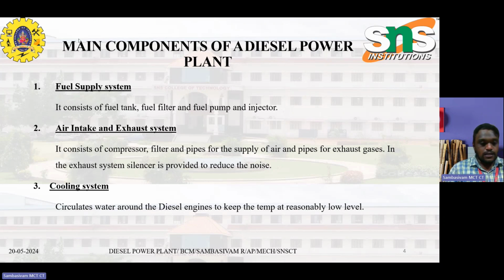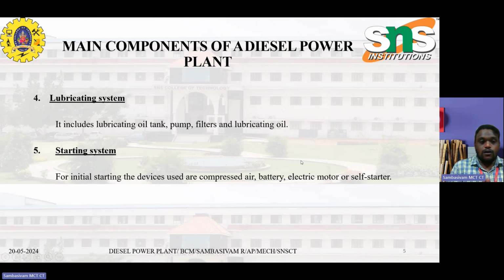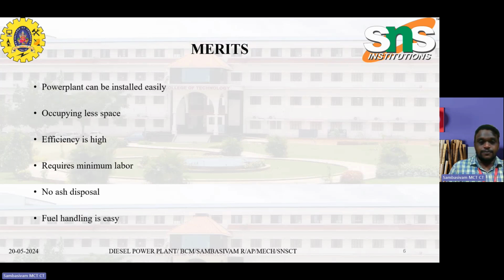The cooling system circulates water around the diesel engine to keep the temperature reasonably low. The lubricant system includes lubricant oil, pump, filters and lubrication oils. The starting system uses a starting device such as compressed air, battery, electrical motor or self starter.